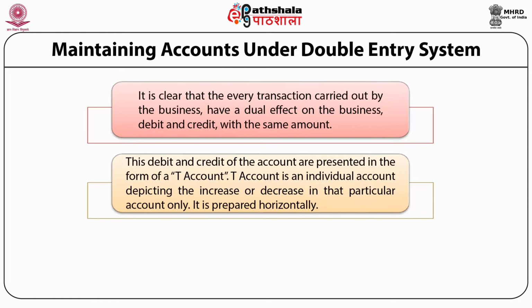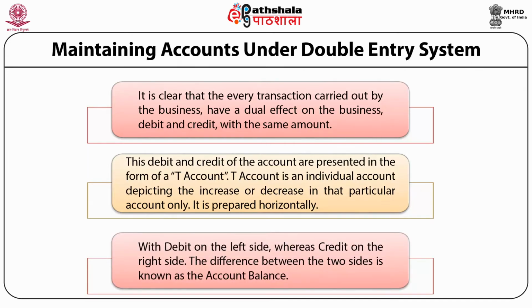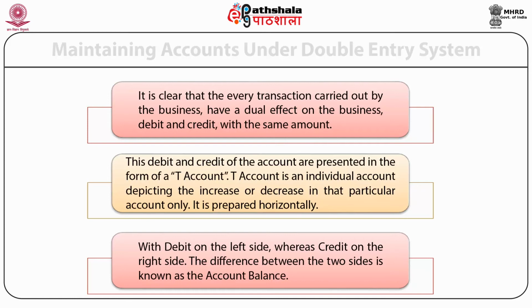A T account is an individual account depicting the increase or decrease in that particular account only. It is prepared horizontally with debit on the left side whereas credit on the right side. The difference between the two sides is known as the account balance.